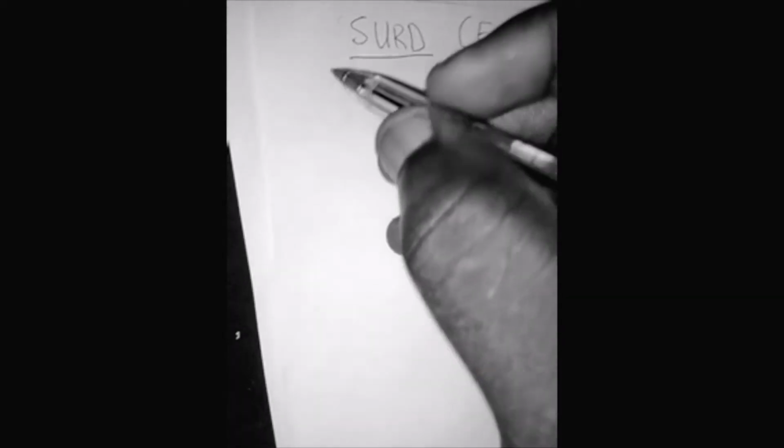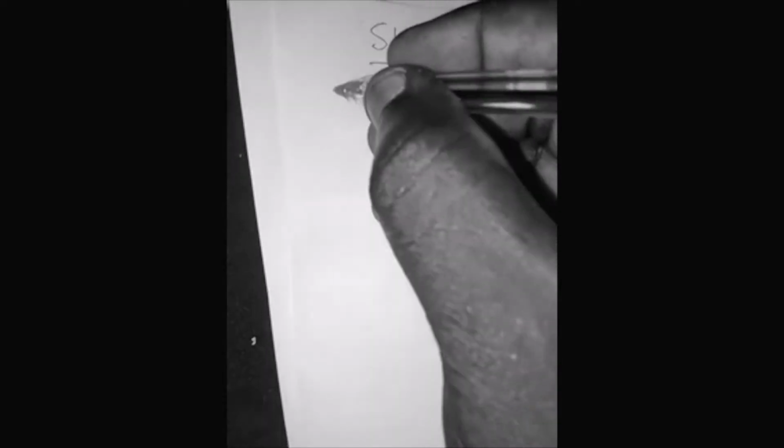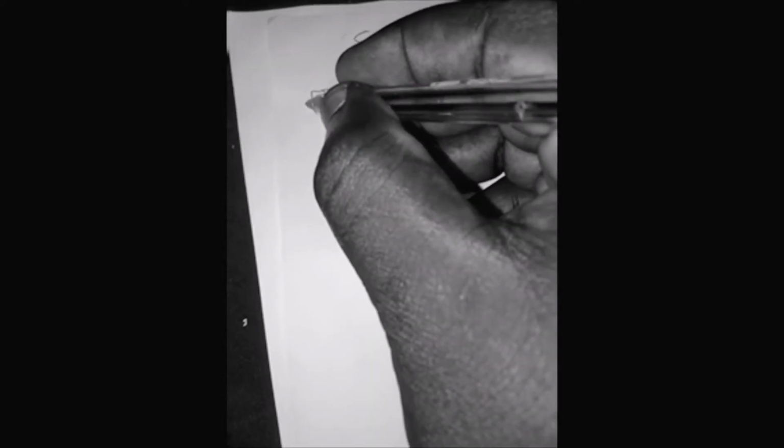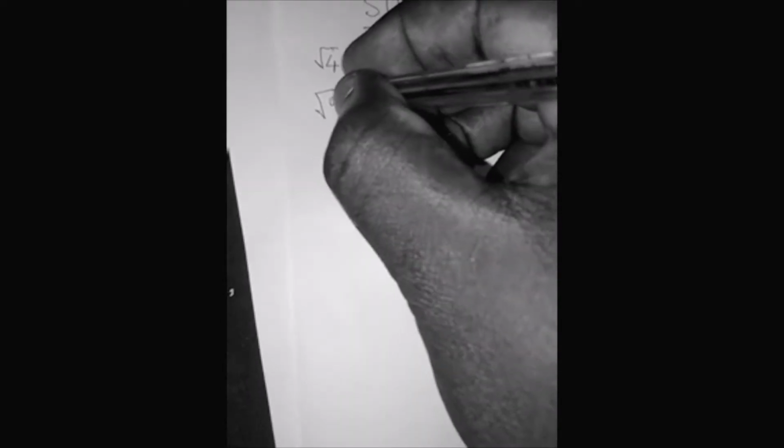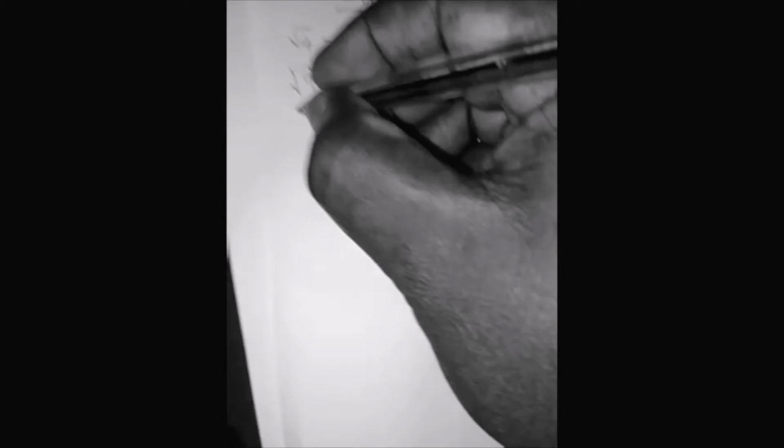When we talk about surds, let's say I'm having something like root of 4. This root of 4 is a perfect square in which I will get 2. I can have something like root of 9 in which I will get 3, a perfect number. Root of 16 in which I'm going to get 4 as a number.